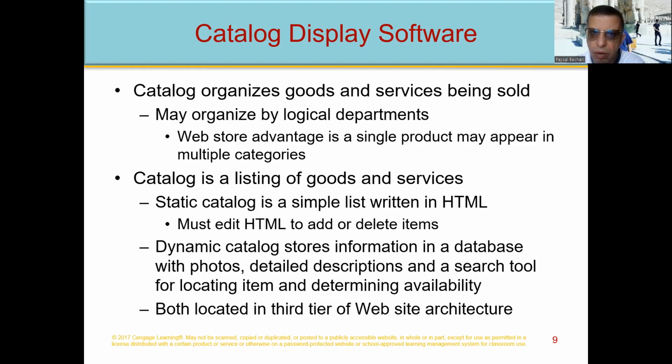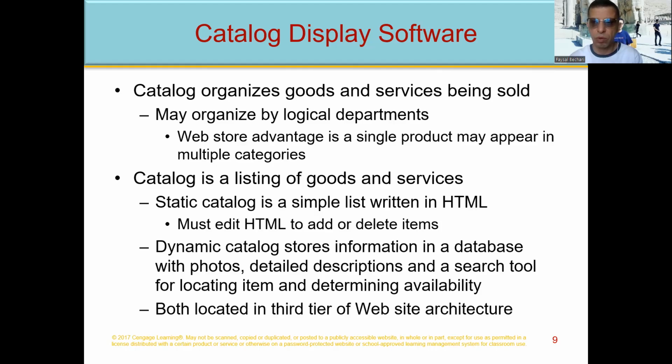What's a catalog? Catalog display software. A catalog organizes the goods and services being sold. It may be organized by logical department, where the store advantage is that a single product may appear in multiple categories. A catalog is a listing of goods and services, and a static catalog is a simple list written in HTML. You must edit the HTML to add or delete items.